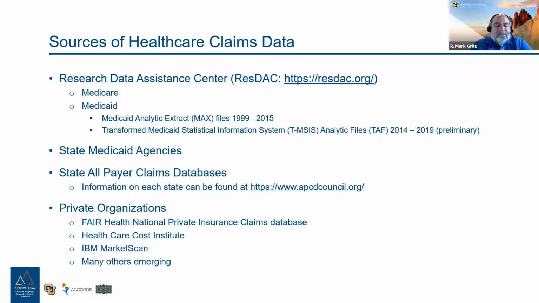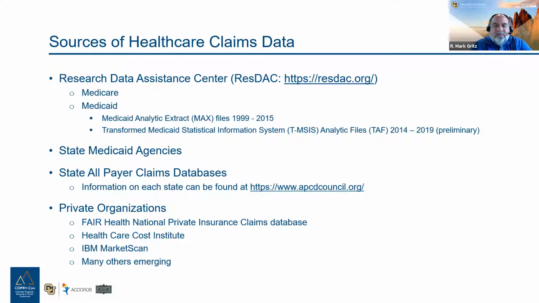And as that data system rolled out that had more robust data in it, they've created what they're calling TAF files, or the TMSIS analytic files. And those are currently available from 2014 up through 2019. And the 2019 files are preliminary.